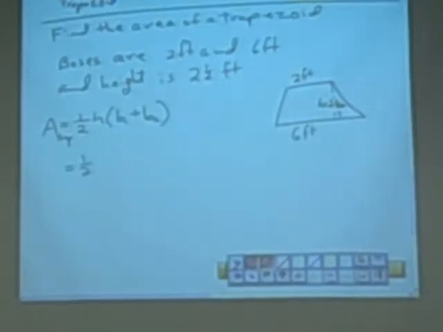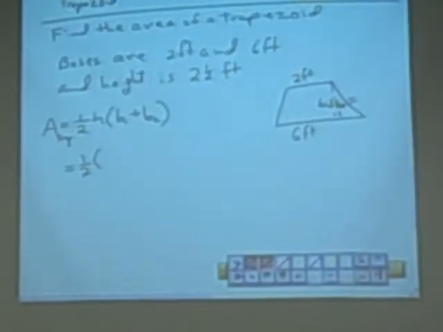Alright, and so now I like to go ahead and convert the 2 1/2 to an improper fraction and work with it in the equation that way. I like to do that before I substitute it in, because then it's already done, you don't have to mess with it.